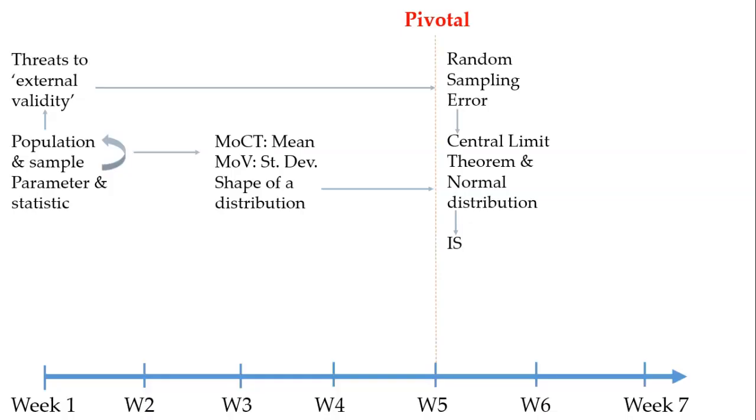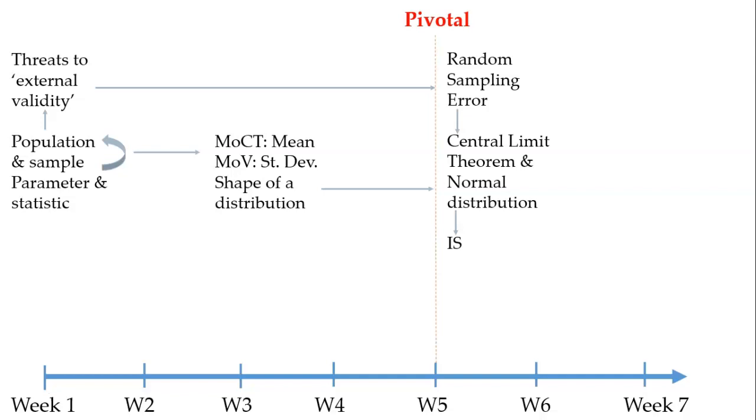Okay, so let's take a very brief summary of what we learned in the past. Remember that we learned about threats to external validity, and those threats occur when you want to say something about the population based on the estimation of statistics of a sample drawn from that population.